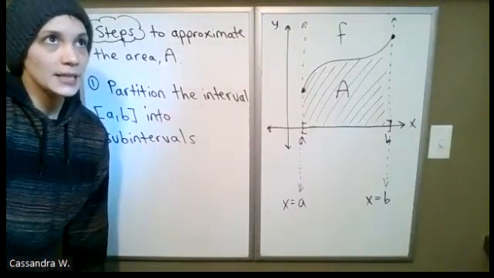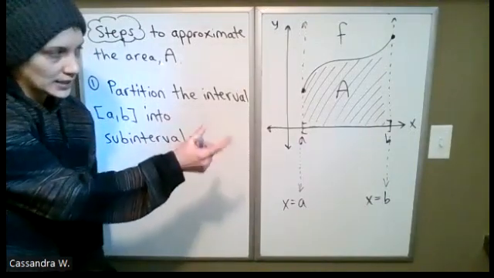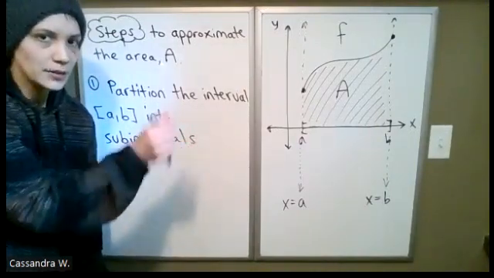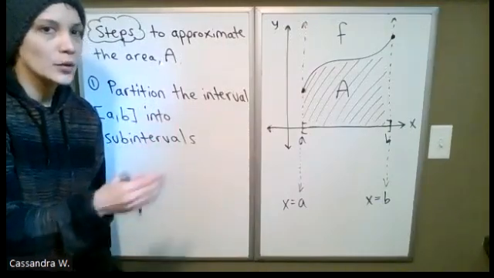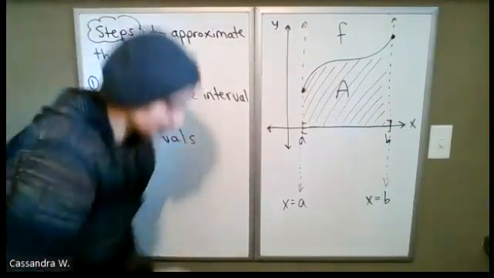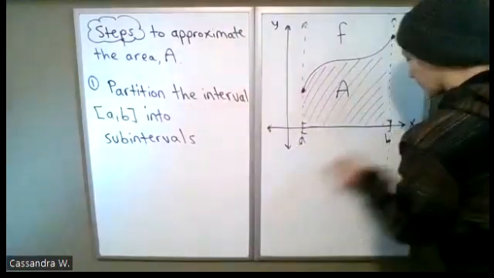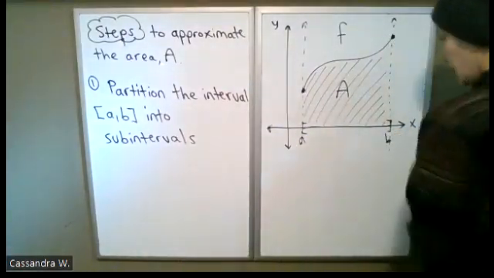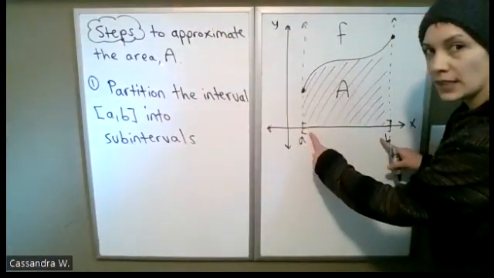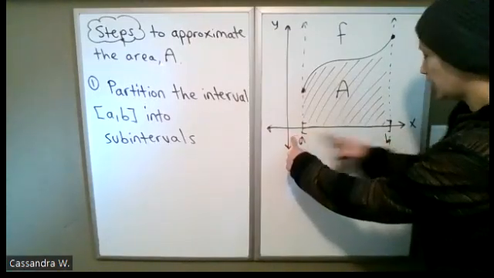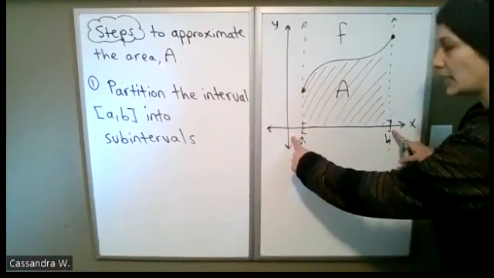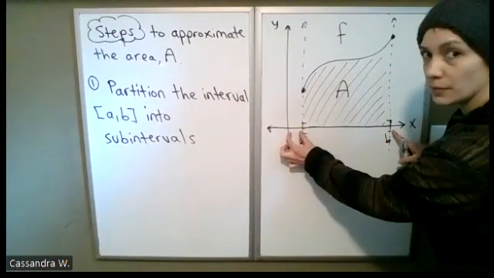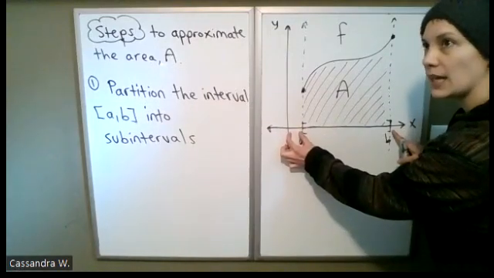If we want to split that length between a and b into little strips of equal length, what we'll do is find this length. Find the length from 0 to b and then remove the length from 0 to a.